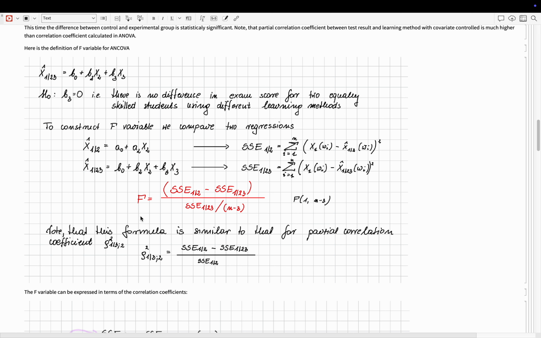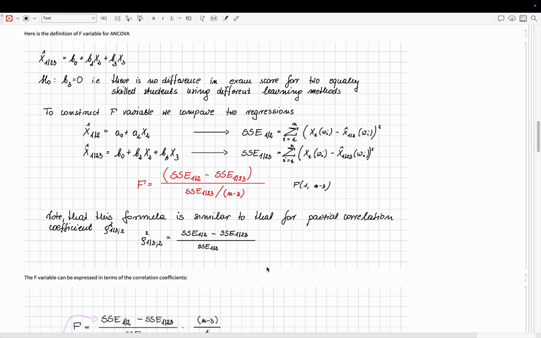Defining F, we compare the difference to the model sum of squares, and calculating rho squared, we compare the difference to the reduced, so this initial sum of squares that we get without adding additional information.